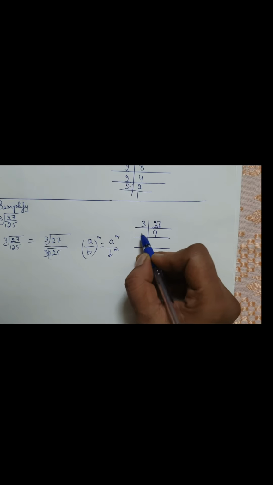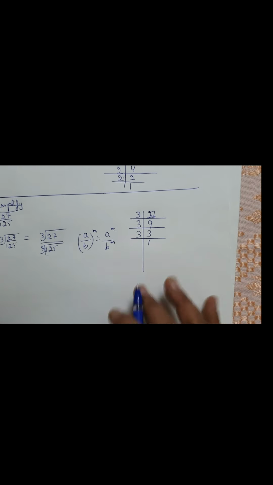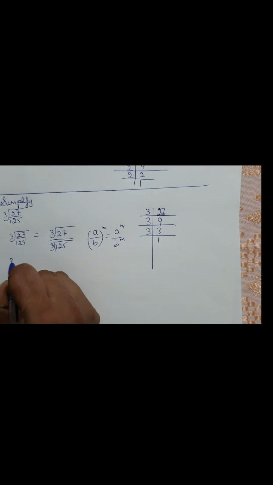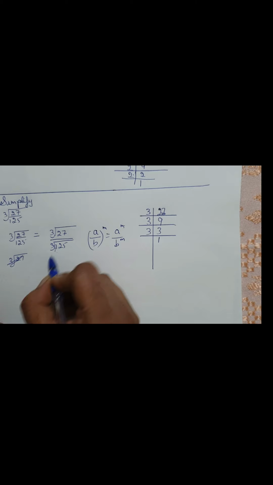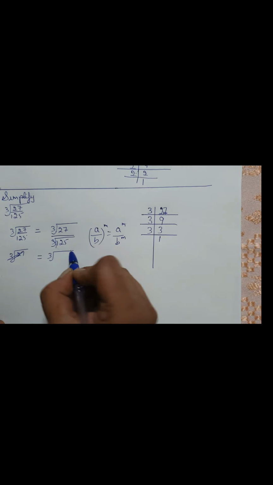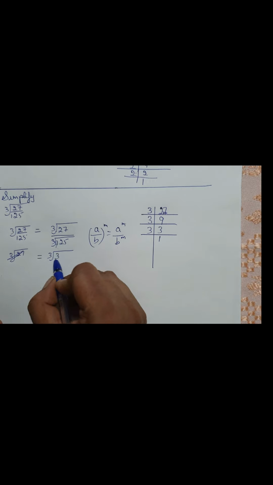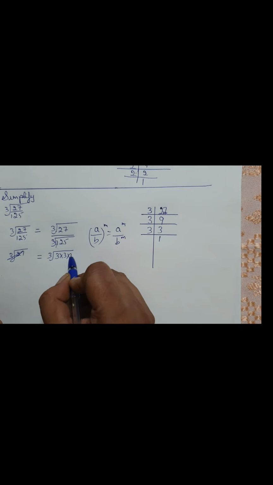Again 9 is an odd number, so 3 3s are 9. 3 1s are 3. So the cube root of 27 factors are 3 multiplied by 3 multiplied by 3.